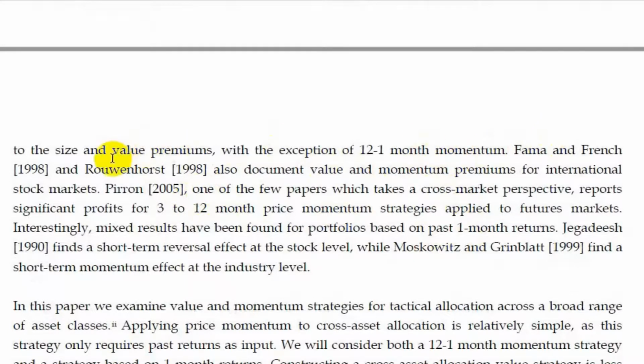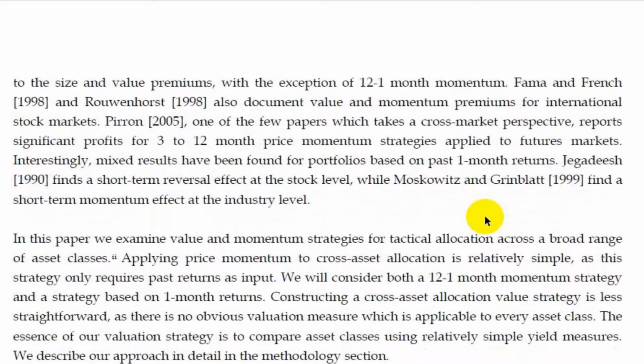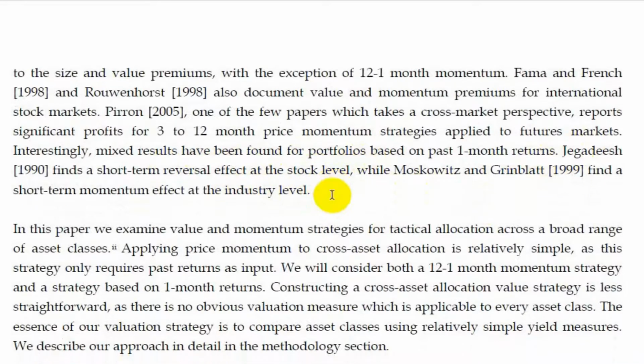Also, Fama French and Rouwenhorst found the value and momentum premiums in international markets, and other authors have found momentum and cross-market perspectives in the futures markets. And other authors have found short-term reversal effects at the stock level and at the industry level.